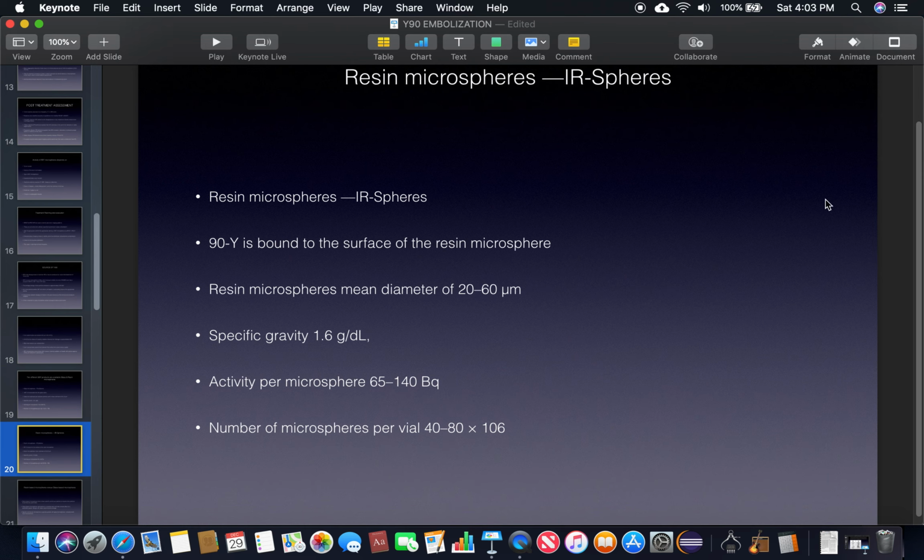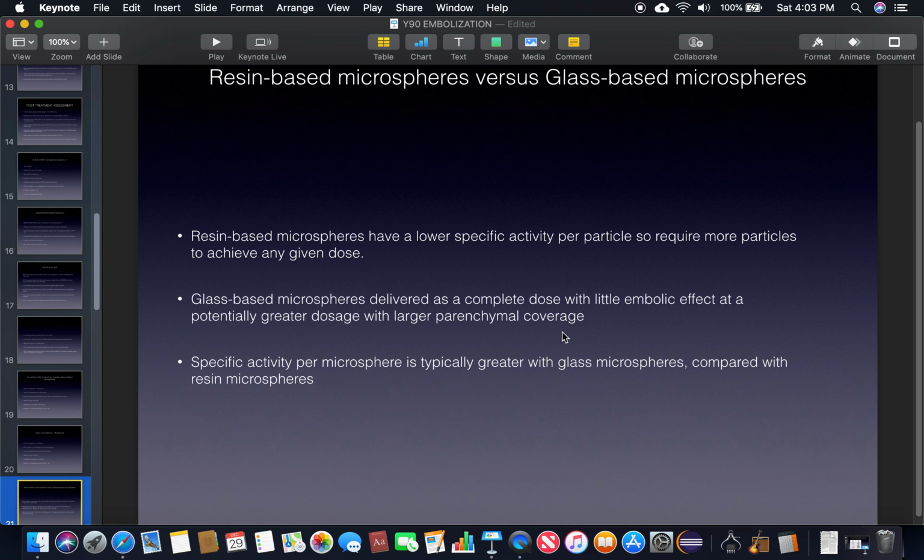On the other hand, the resin microspheres are bound to the surface of the resin, diameter of 20 to 60 microns, specific gravity 1.6, activity per microsphere is 65 to 140. And as you can see, the resin microspheres have lower specific activity compared to the glass. So you have to give a larger dose or larger number of particles.